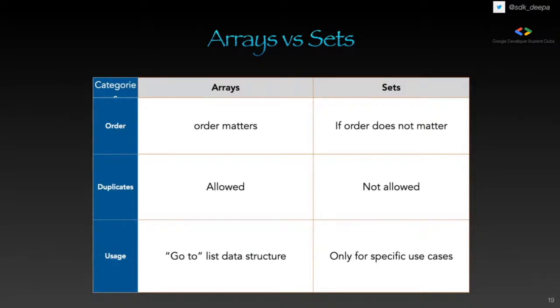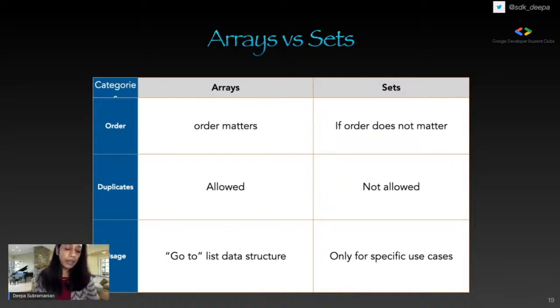But one drawback is that if you are trying to find an item or delete an item, you have to iterate over the entire collection of data. So that might take some time. Performance-wise, when you are trying to find something, arrays are going to be slow.